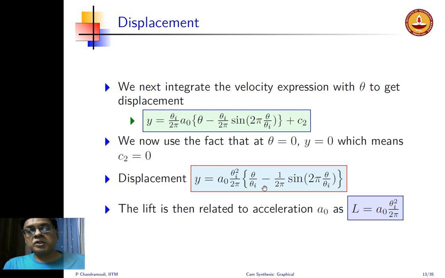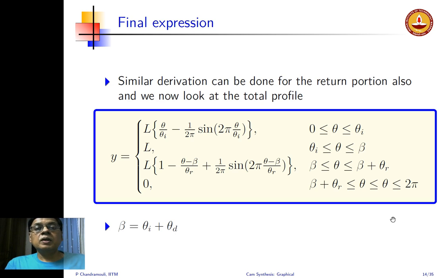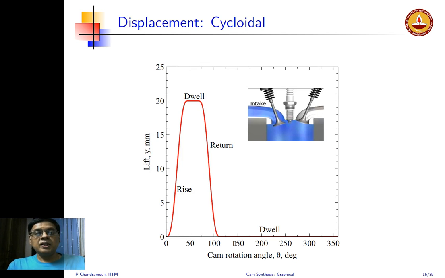Now the lift, of course, is related: if I replace this, this will be L, which is a0 theta I square by 2 pi. Now a similar derivation can be done for the return portion, and if you look at the total profile, I'll get an equation which looks like this, and then you can plot this. This looks almost similar to what we have as far as the 3, 4, 5 curve is concerned. It's very similar to that.